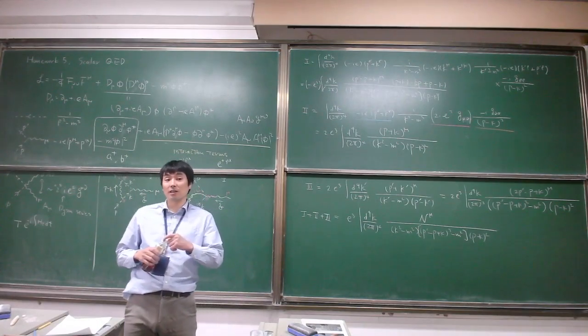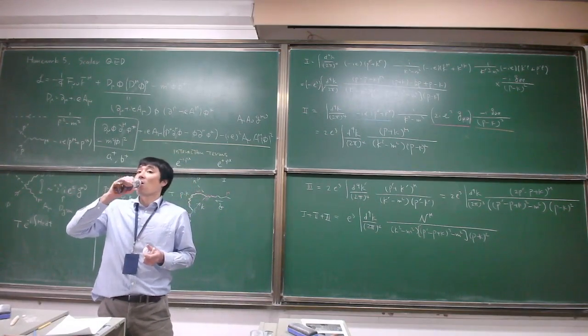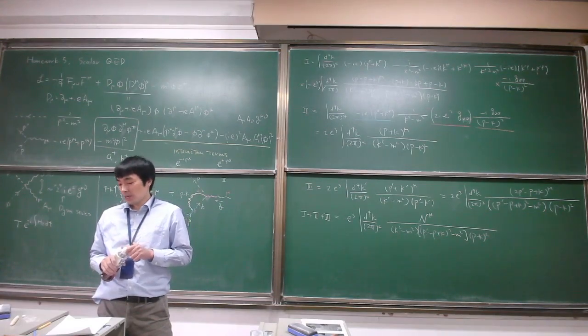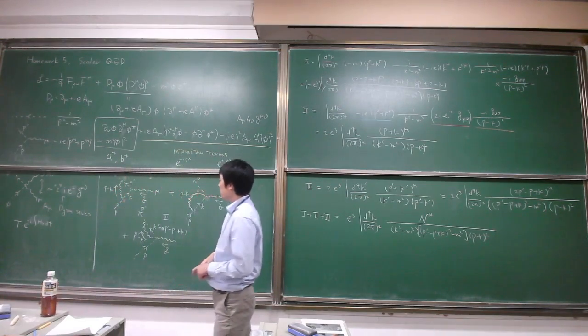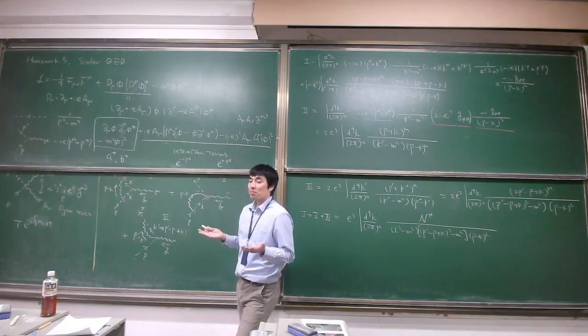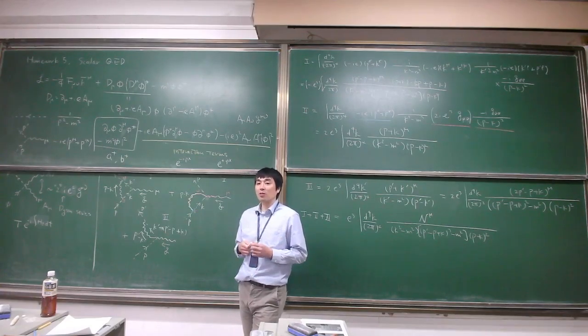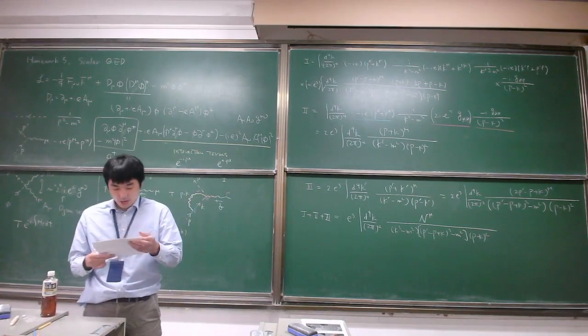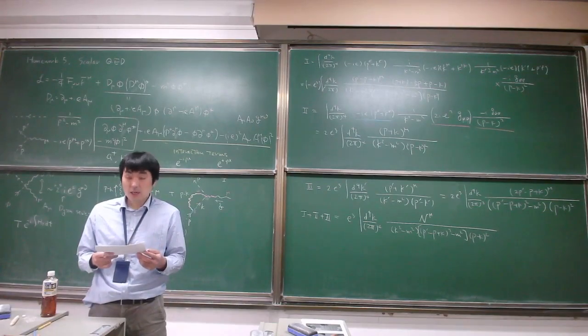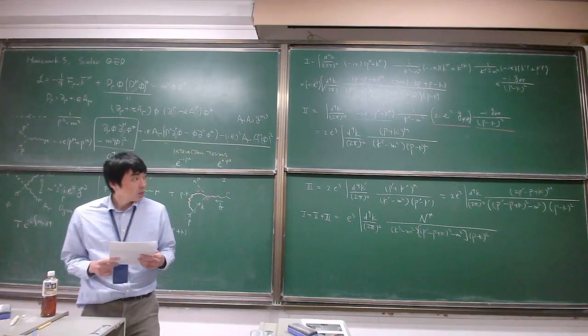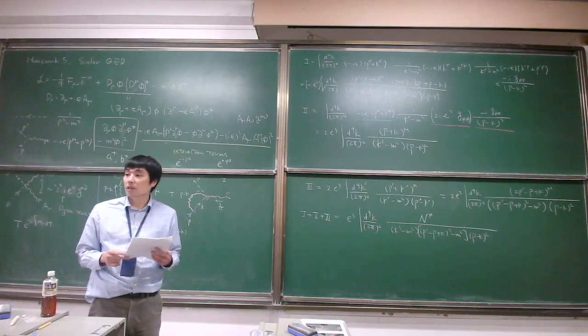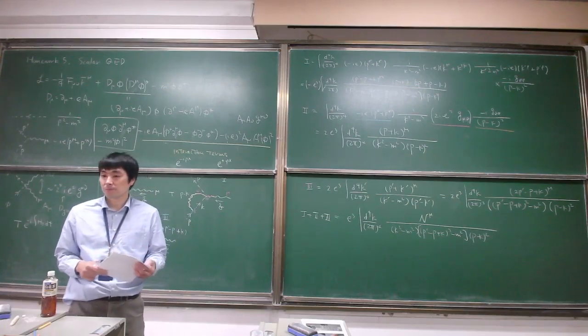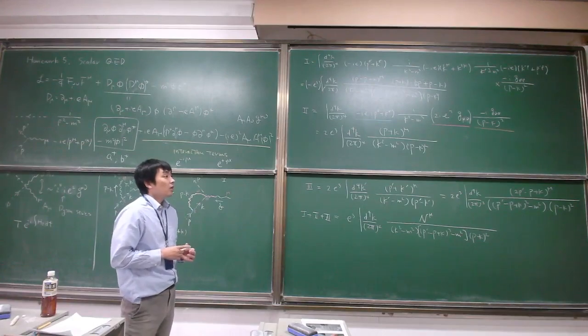You need to read off the Feynman rules from the Lagrangian, and then from the Feynman rules, consider what all the possible diagrams are. For quantum correction, that's a very good exercise to do. That's why I gave this problem. Okay, so that's the case. Any question at this moment?